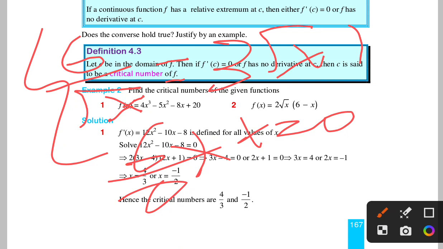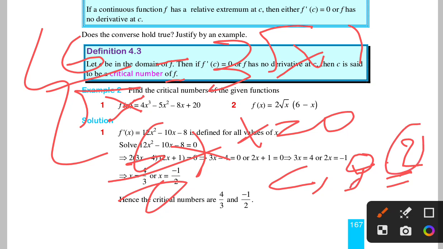Therefore our critical numbers are 0 and 2. At 0 the derivative doesn't exist, and at 2 the derivative equals 0.